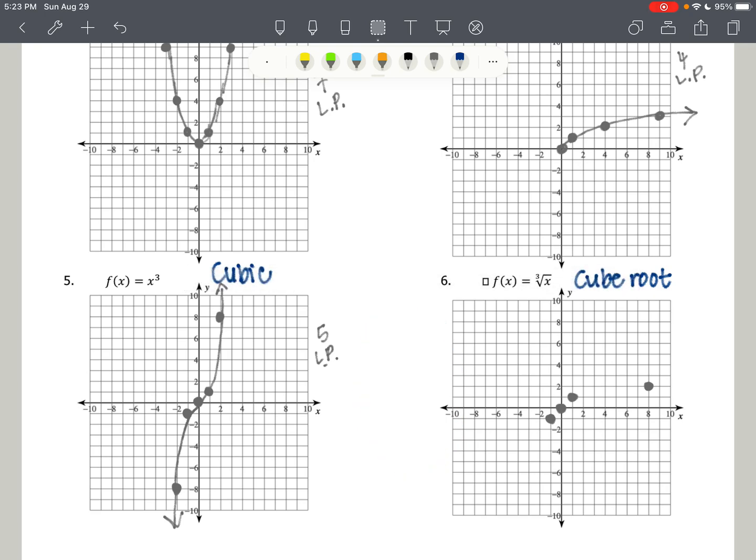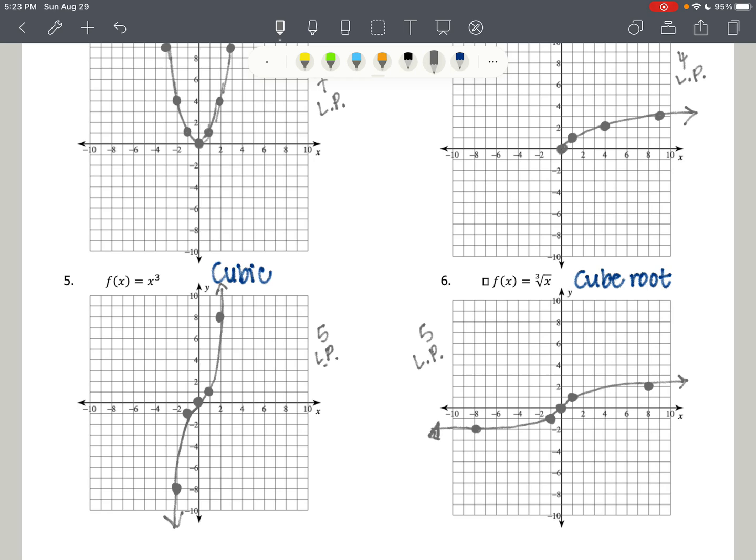And then you put a -8 in and you'll get a -2 out. And this graph, although it has an infinite number of points, has 5 lattice points.